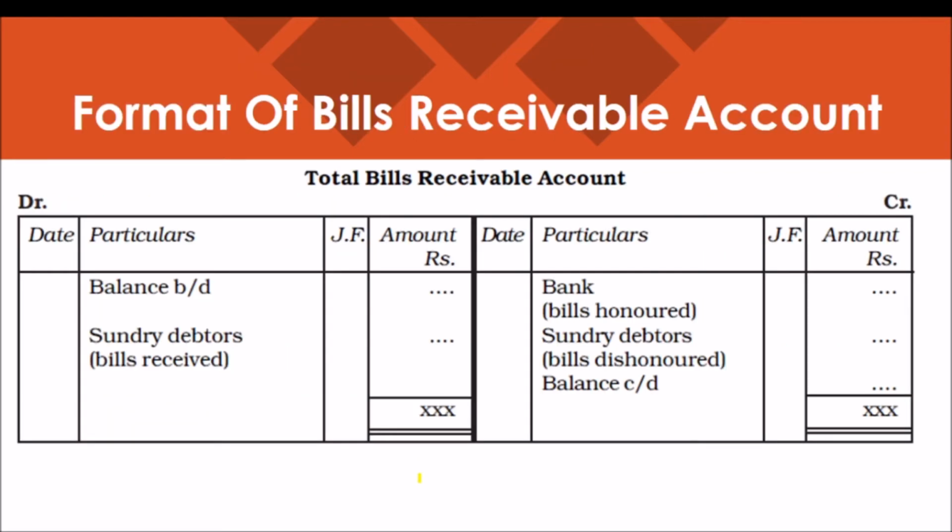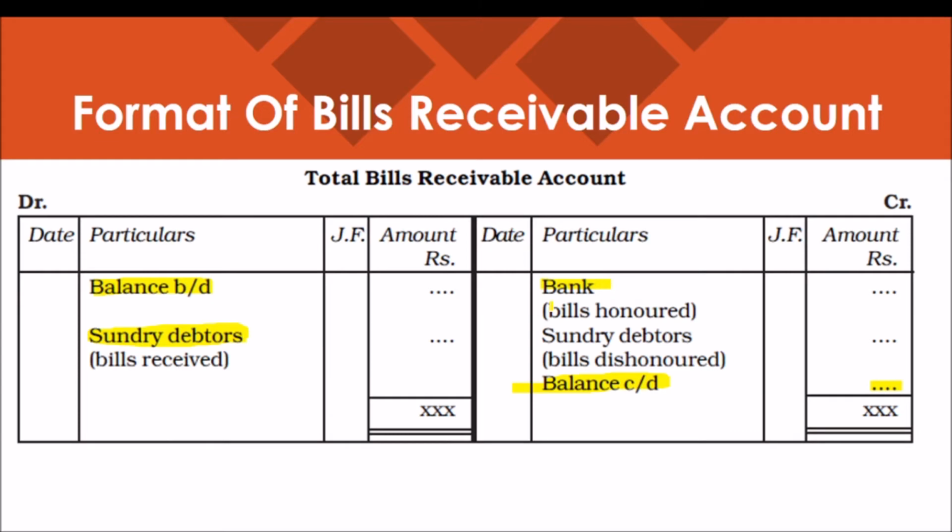So this is the format of bills receivable account. It is an asset account. So balance brought down, it is the opening value of bills receivable in the debit side. Balance carried down shows the closing value of the bills receivable in the credit side. And the bills received amount will be written in the debit side, sundry debtors.